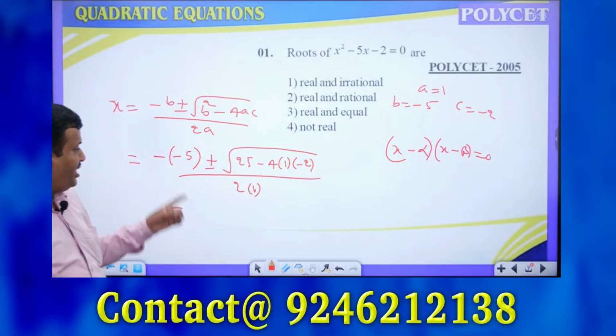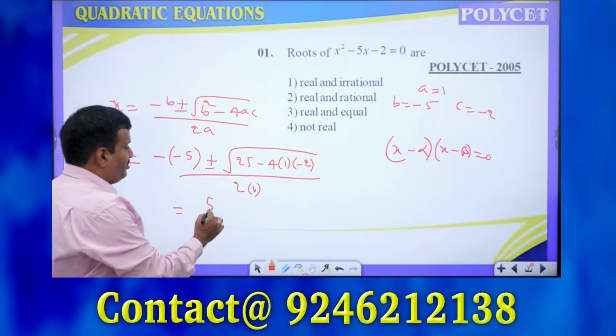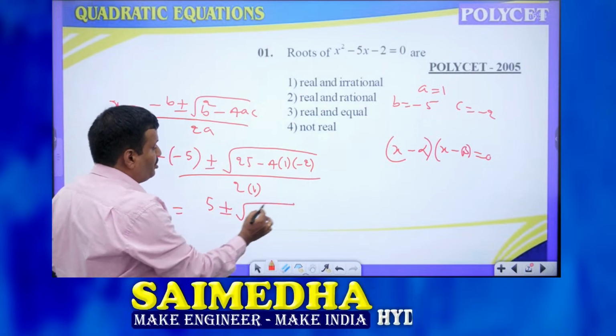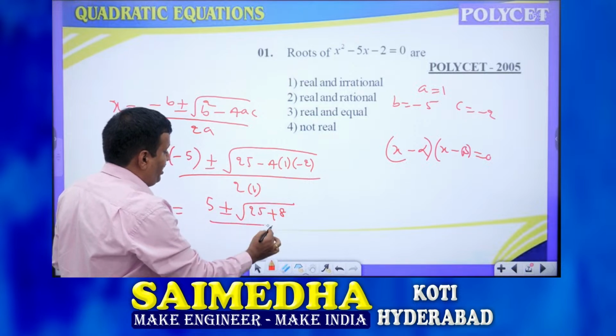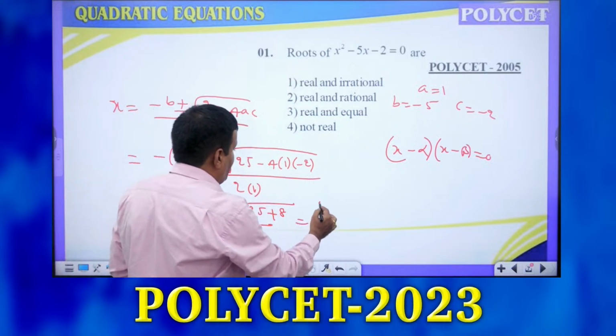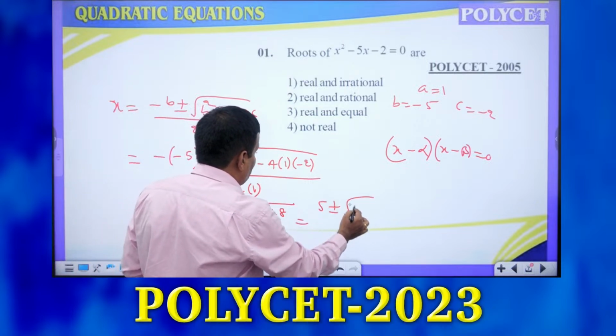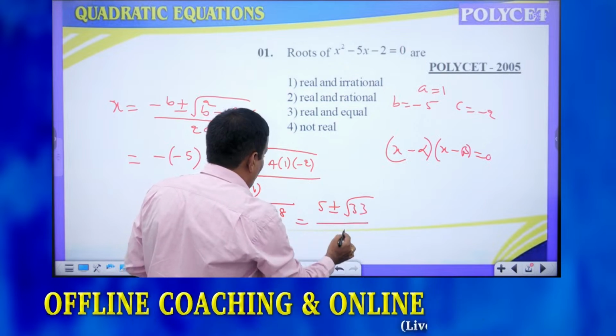What is the answer we are getting? 5 plus or minus square root 25 plus 8 divided by 2. What is the result we are getting? 5 plus or minus root 33 divided by 2.